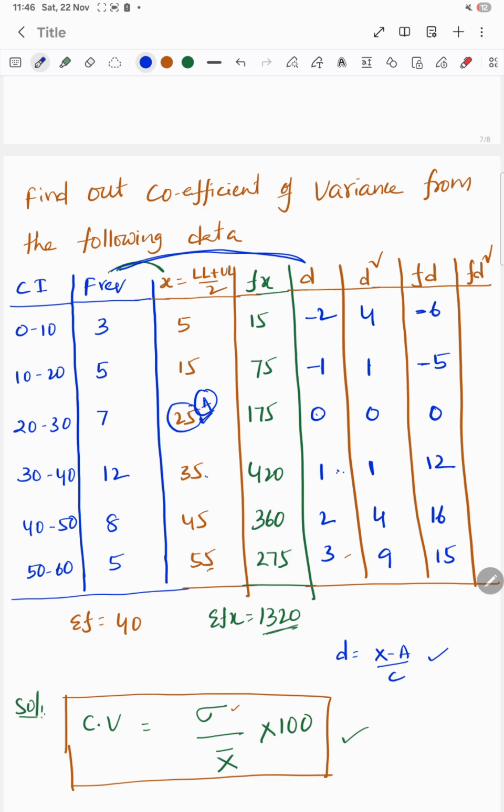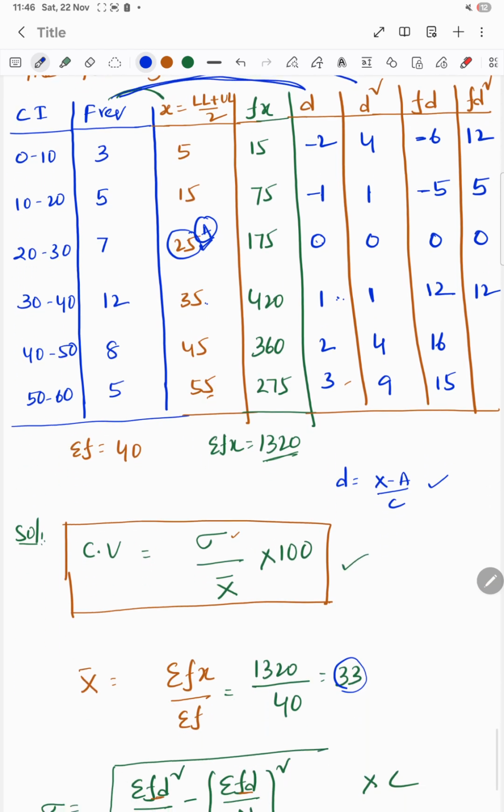Similarly for f into d square, let's multiply frequencies with d square. That means 3 into 4, 12, 5 into 1, 5, 7 into 0, 0, 12 into 1, 12, and 8 into 4, 32, and 5 into 9, 36.